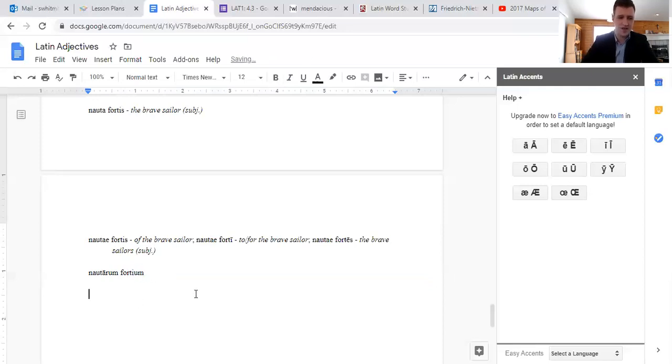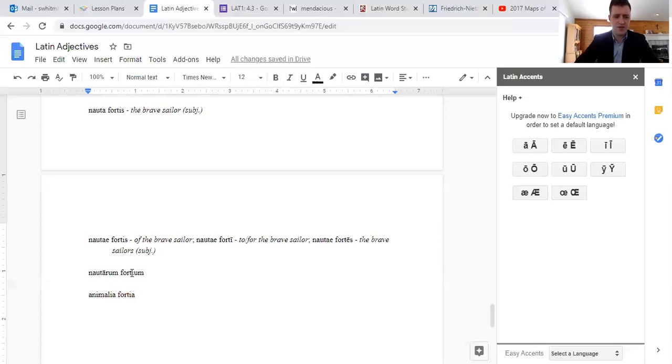Now, just to think about it, let's say we had a neuter noun. Here, animalia, this is nominative or accusative plural neuter. Let's try to say brave animals, right?